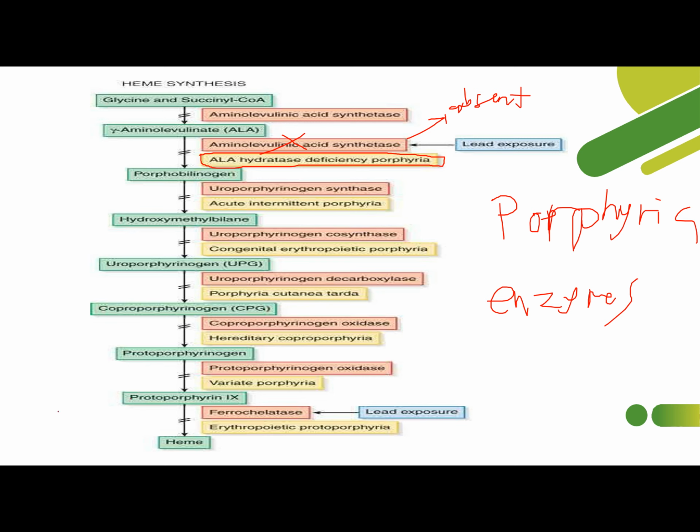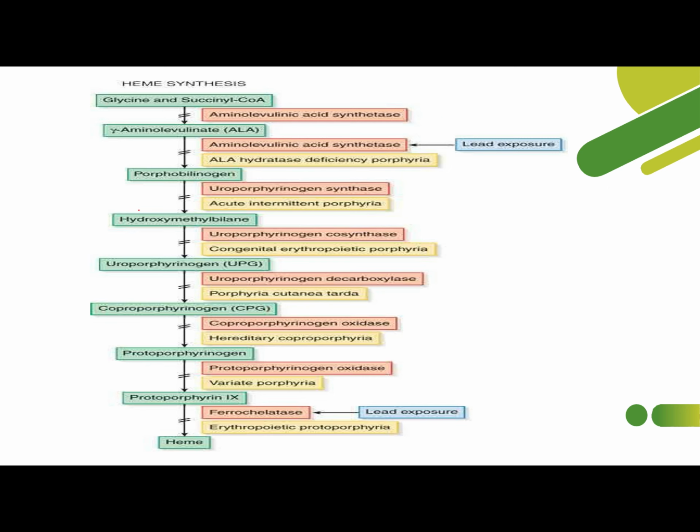Now, let's say normal, class, there is no deficiency. Gamma aminolevulinate ALA is converted by aminolevulinic acid synthase into porphobilinogen. Now, porphobilinogen, class, would be converted to hydroxymethylbilane by the enzyme uroporphyrinogen synthase.